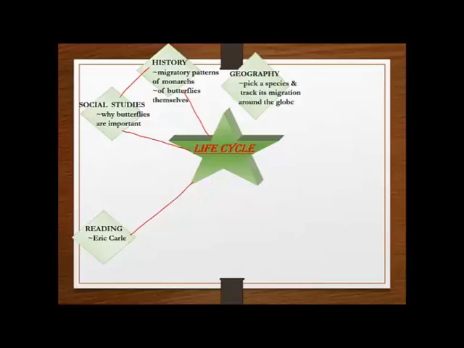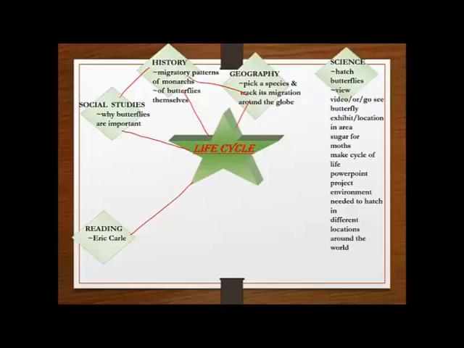Then let's look at geography. And in geography, we're going to pick a species and track its migration around the globe. We'll connect that to our life cycle, as well as connecting it to our history. The next area of study we want to look at is science. We're going to hatch some butterflies. We're going to view a video or do a go-see on a butterfly exhibit or a location in the area.